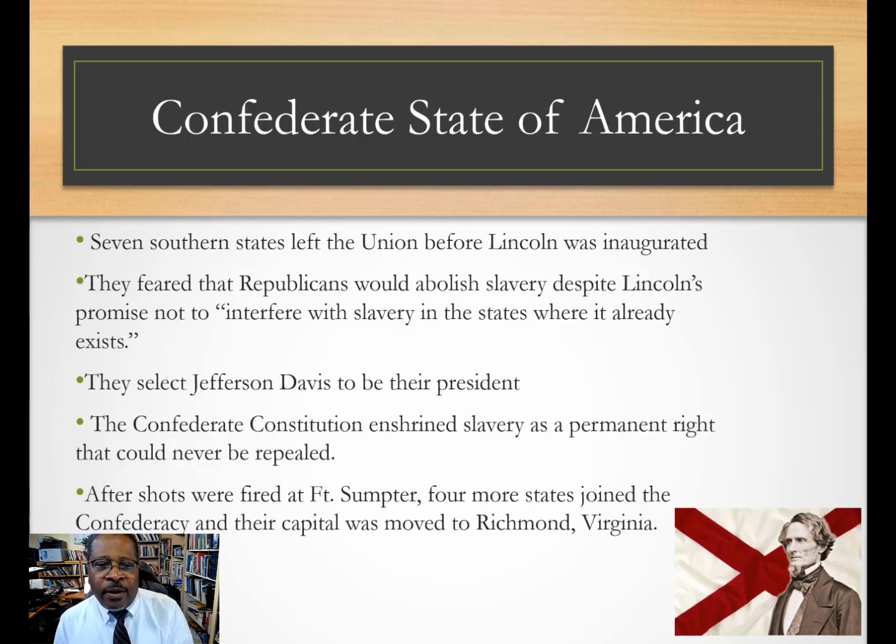The Republican Party controlled the House, the Senate, and the White House, but they would not have enough votes to abolish slavery through an amendment. An amendment requires that two-thirds of the states agree before it can become a part of the Constitution. So by starting the war, this gives Lincoln additional powers that presidents don't normally have.